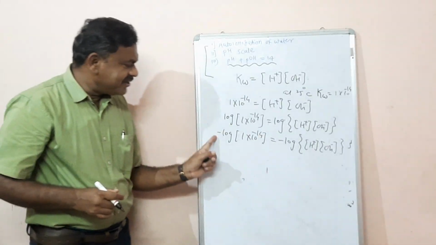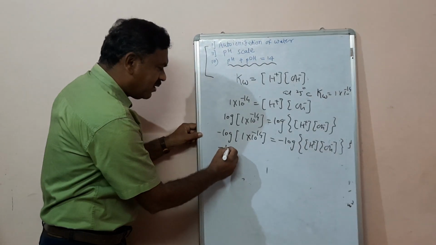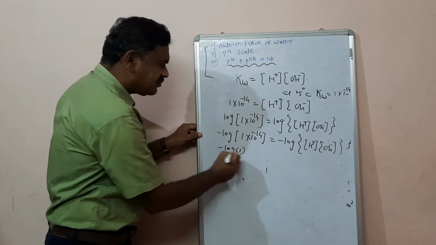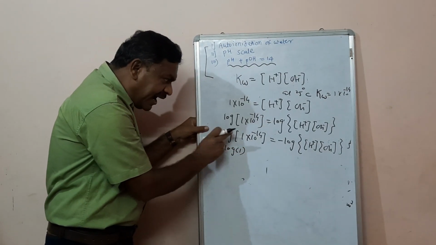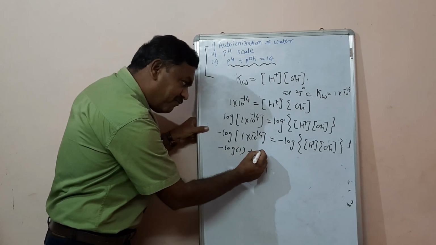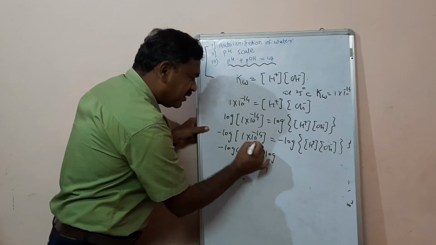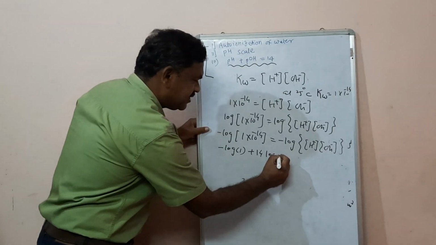Then multiply the minus sign and log to that bracket: minus log of 1, this minus and that minus is a plus, 1 plus 14 into log of 10.